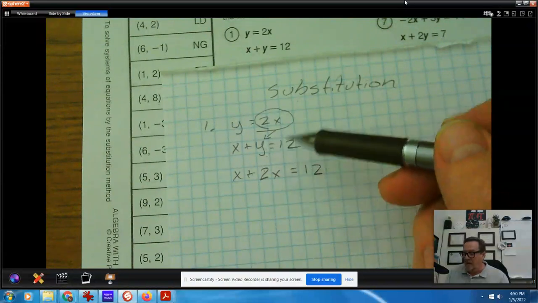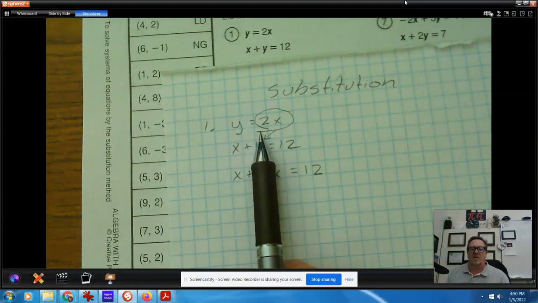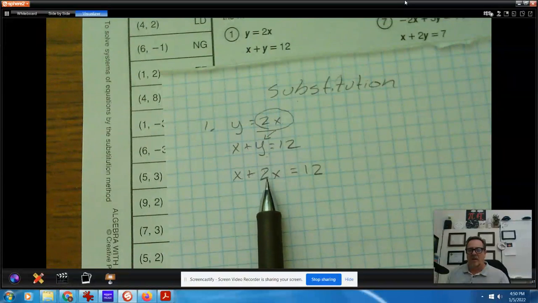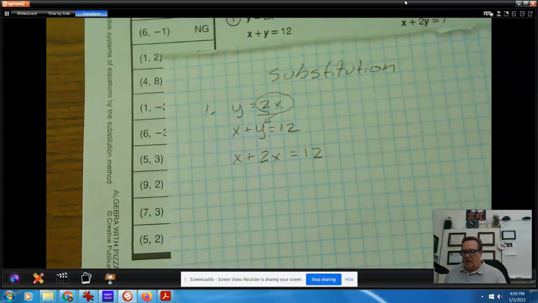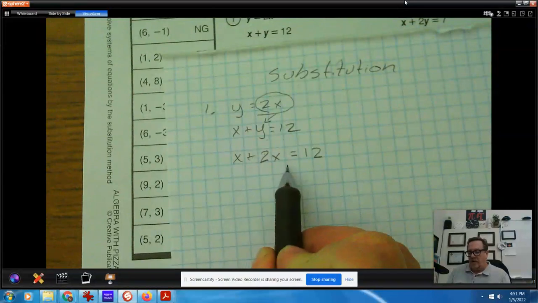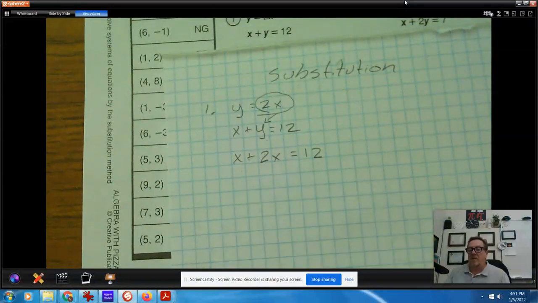The only difference is I substituted 2x for my y. And the reason I could do that is because it told me in the first equation that y was equal to 2x. If they're equal, then I can just trade places. So now we can work this problem like we've worked other problems. On this side of the equation, I see the same thing. What do we do when we see the same thing on the same side?